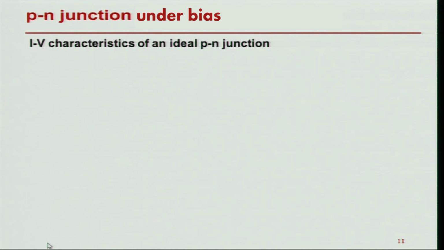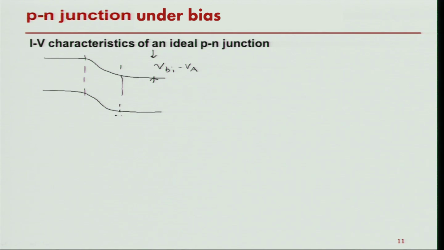So, let us start looking at how we look at the current here under different assumptions. In the forward bias, where my built-in potential is reduced by the applied potential, I want to figure out what would be the current due to the forward bias. And as earlier, I am going to assume a one-dimensional system, and in this one-dimensional system, let us first look at the P type region.